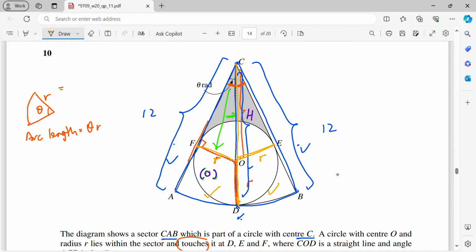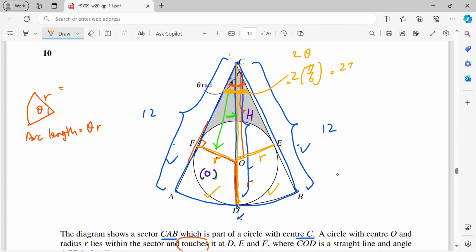So if here is pi over 6, that means this angle is also pi over 6. So I will say that the angle ACB is 2 times pi over 6, which is 2 theta.